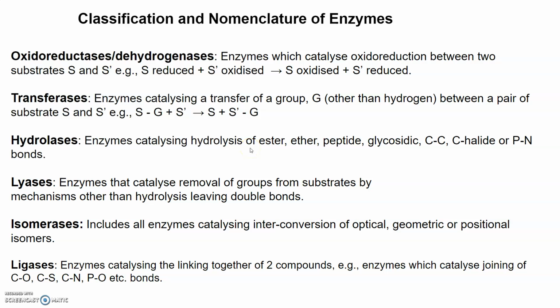Hydrolases are the enzymes which catalyze the hydrolysis of ester, ether, peptide, glycosidic or other bonds. Lyases are enzymes that catalyze the removal of groups from substrates, not by hydrolysis. Isomerases catalyze interconversion of optical, geometric or positional isomers. Ligases link together two compounds.